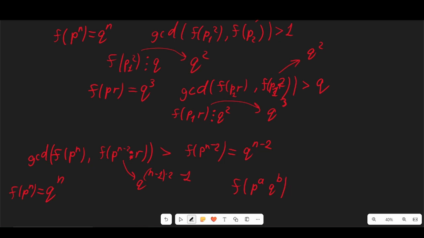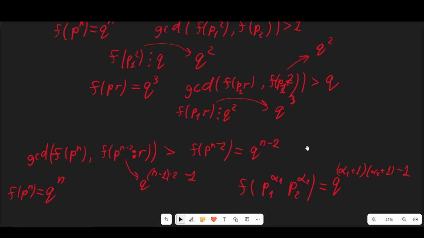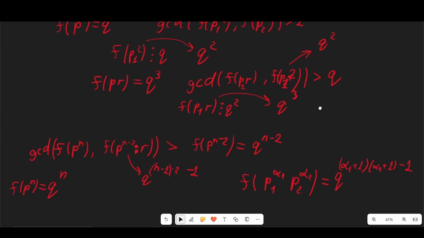If we take two different prime divisors, p1 to the alpha 1 and p2 to the alpha 2, we would get that f of p1 to the alpha 1, p2 to the alpha 2 would be q to the (alpha 1 plus 1) times (alpha 2 plus 1) minus 1. And we will prove this by induction. Now let's assume that we have proved this for k different prime divisors and then show that for k plus 1 the formula would be the same.